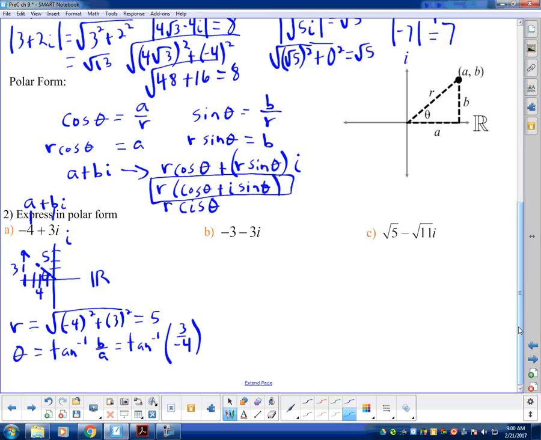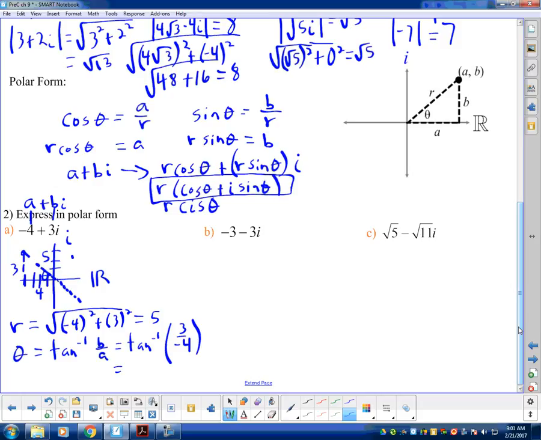Because the functional output of tangent is always between negative pi over 2 and pi over 2. So it's going to give me a solution down here. So what do I get for my theta here? Go ahead and plug it into your calculator, please. That's the degrees.